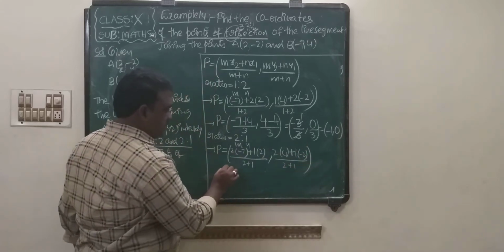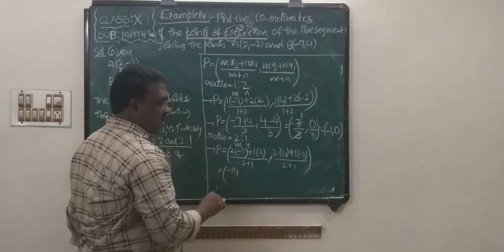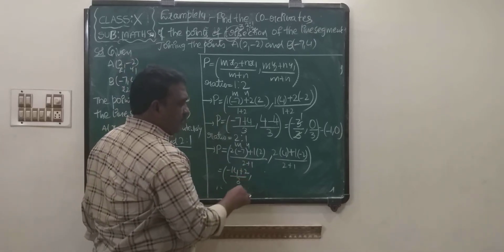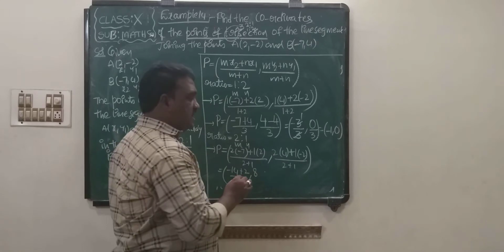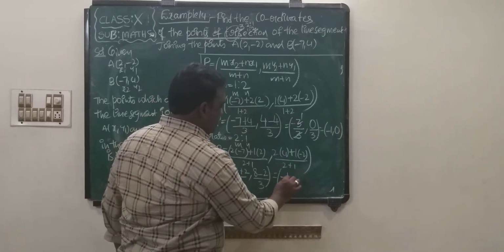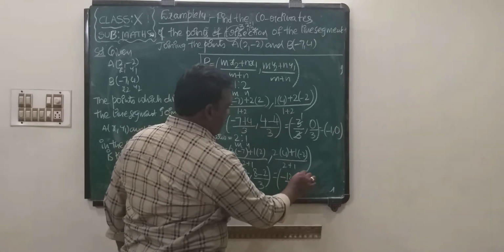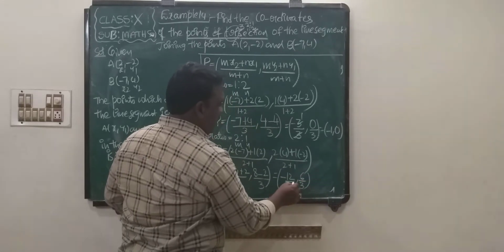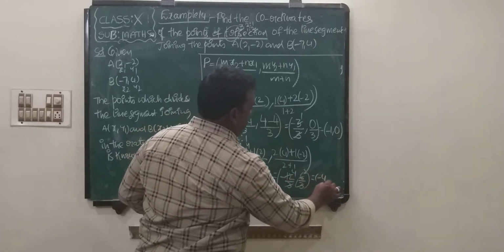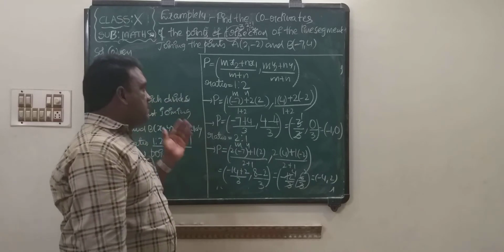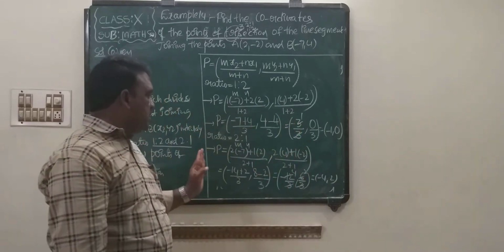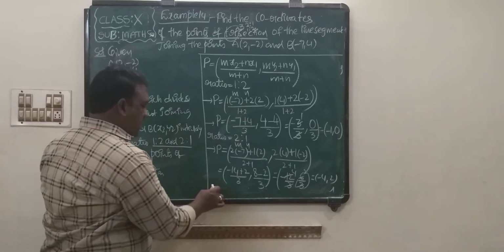Then we get (-14 plus 2) by 3, (8 minus 2) by 3, so -12 by 3 comma 6 by 3. 3 goes 4 times, 3 goes 2 times: -4 comma 2. So with 1 is to 2 we get -1 comma 0, and with 2 is to 1 we get -4 comma 2.